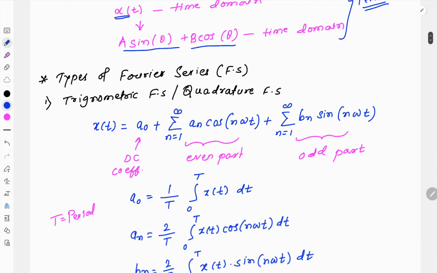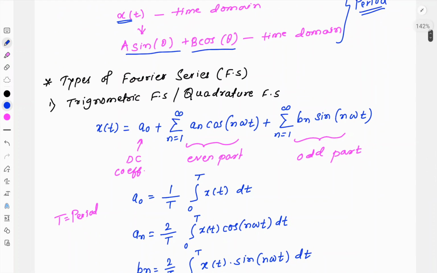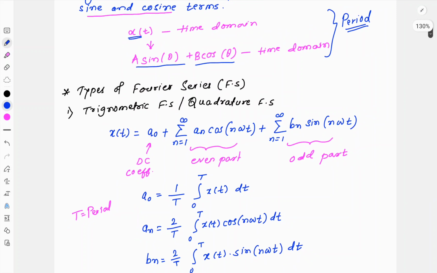Then we have the different types of Fourier series. Trigonometric Fourier series has three coefficients a0, an, bn. Remember that whenever it is trigonometric Fourier series, we have the first coefficient as a0. Therefore the limits of summation start at n equal to 1 and approach infinity: an cos plus summation n equal to 1 to infinity bn sin.